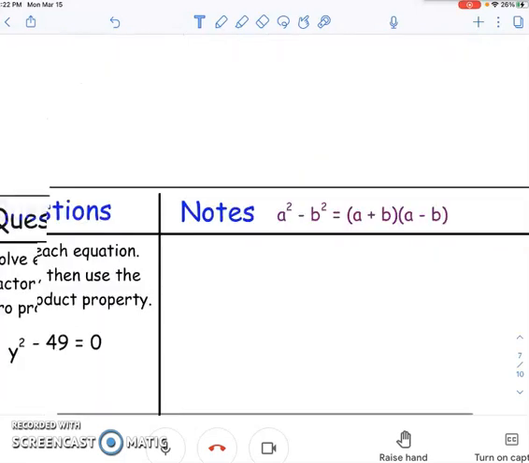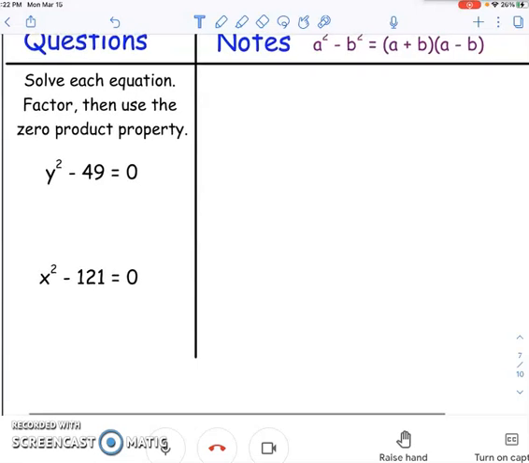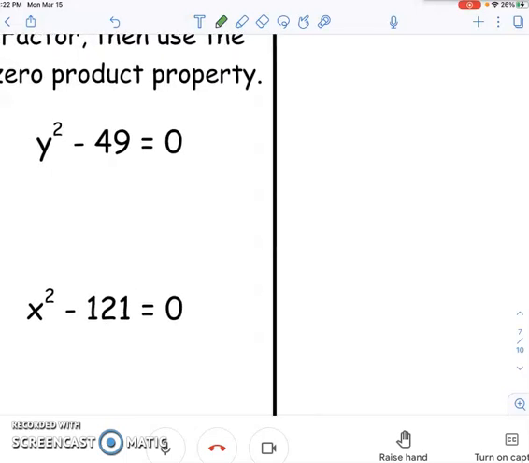Okay? Now we're going to solve the equation and then use the zero product property. So solving is just one extra step. So we factor first. So here's our perfect squares. So y times y, and 49 is 7 times 7.